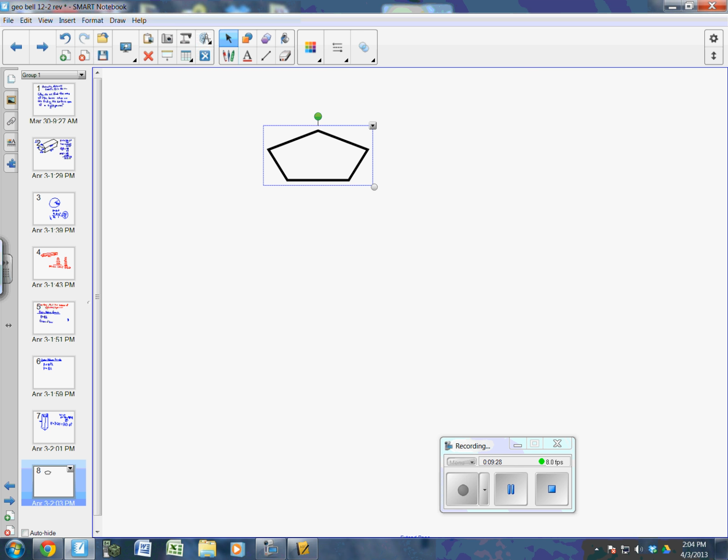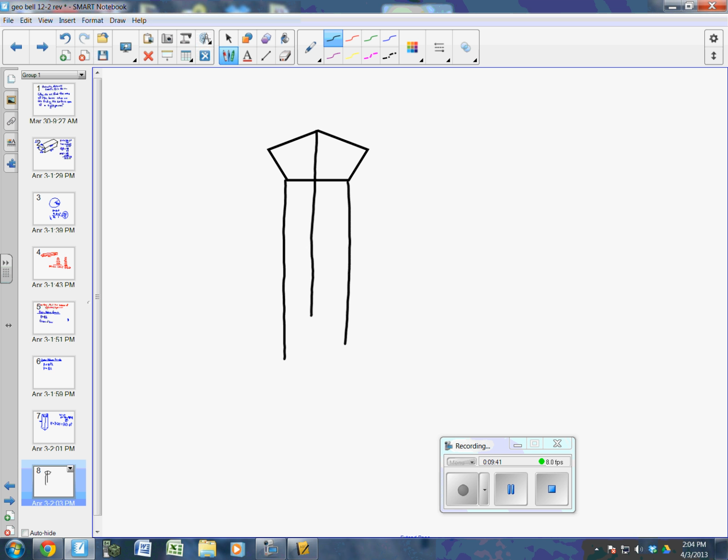And that one's supposed to be dotted back here. What do dotted lines represent, you guys? Yeah, okay.